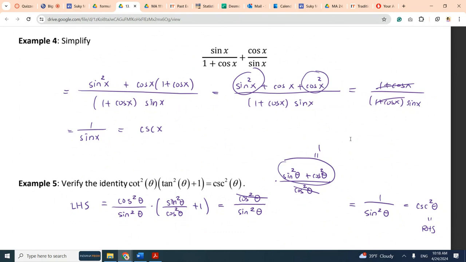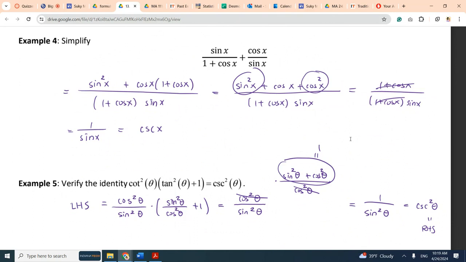And the second fraction, we multiply the top and bottom by 1 plus cosine x, right? And then we distribute. We have sine squared plus cosine x plus cosine squared. And you know sine squared plus cosine squared equals 1.